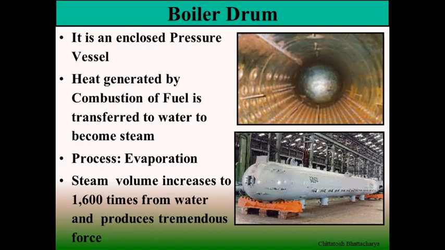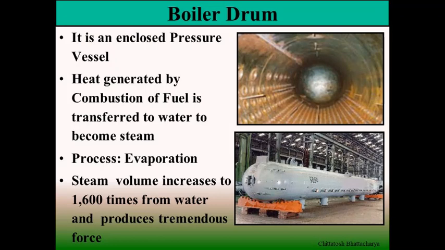Let us now discuss the drum, which is a special arrangement for the subcritical regime of steaming and generation of steam. We have two incoming arrangements and two outgoing arrangements from the drum.